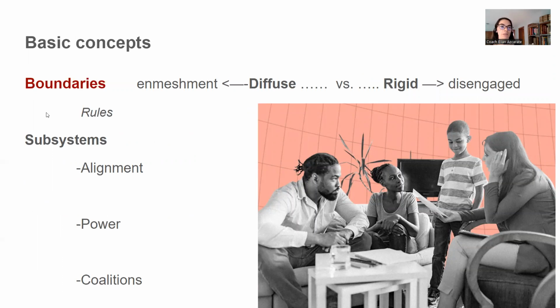So these are basic concepts. When you think about boundaries from his perspective, you have to think about a spectrum between diffuse and rigid boundaries, where diffuse boundaries lead to enmeshment and rigid boundaries to disengagement. Think about a family with very rigid boundaries, where the children are considered subordinate to the parents in a very rigid way, so there's no way their voice will be heard.